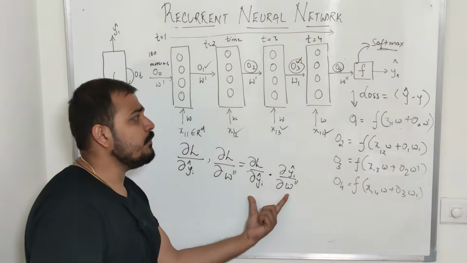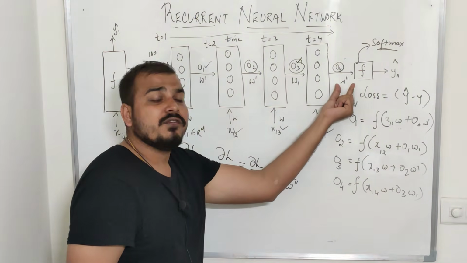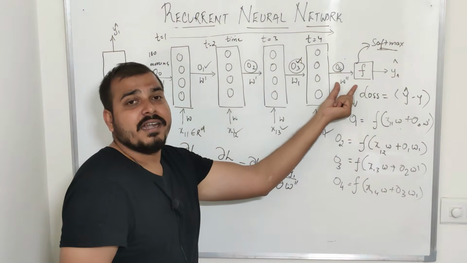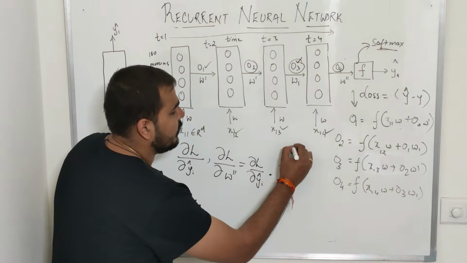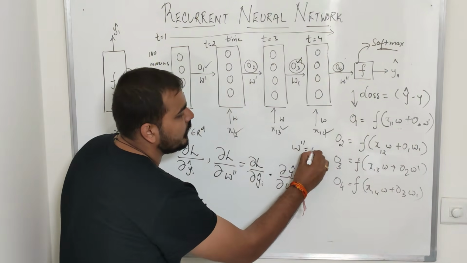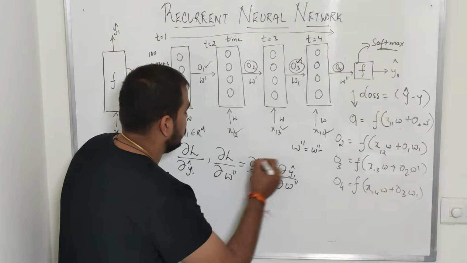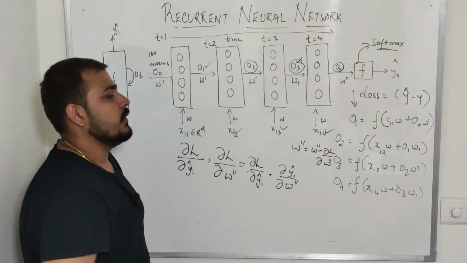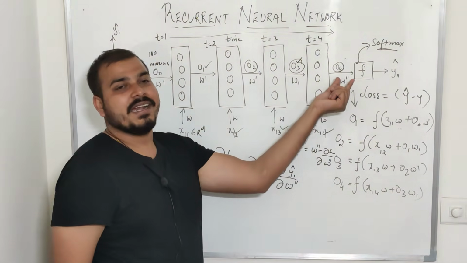With the help of simple chain rule, I find this derivative, and then it gets subtracted from w double dash. So w double dash minus the derivative of loss with respect to w double dash, and once this is done, the weight gets updated.